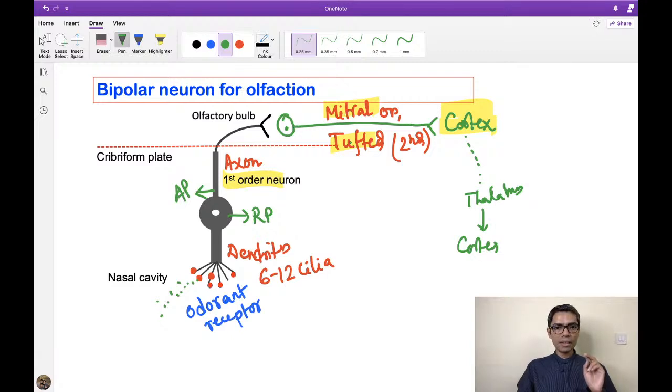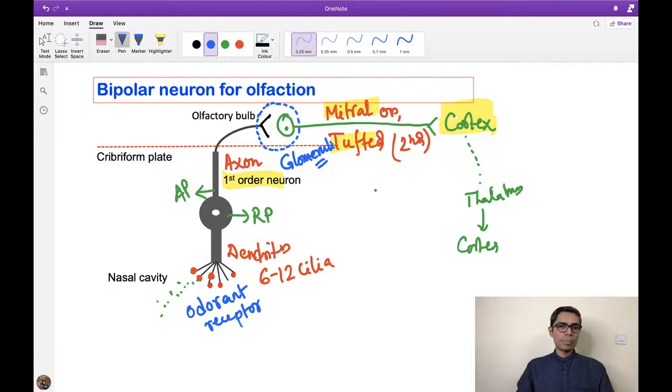It may be mitral cell or it may be tufted cell. And the junction between this first order and second order neuron, this synapse, is known as glomeruli. Because of the structural similarity of this synapse with that of the glomerulus, this is known as the olfactory glomeruli. So from this olfactory glomeruli, the second order neuron is directly reaching the level of cortex.